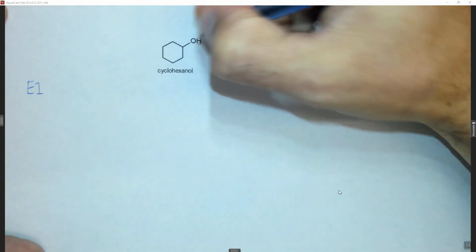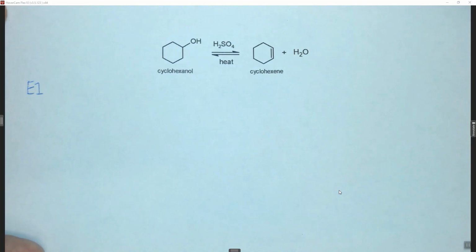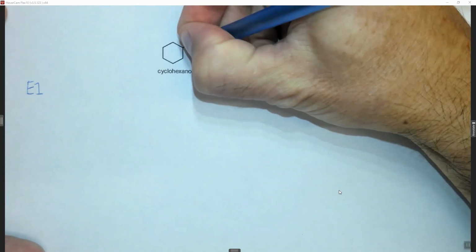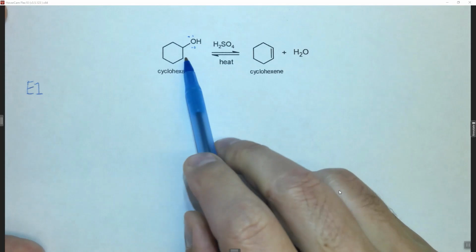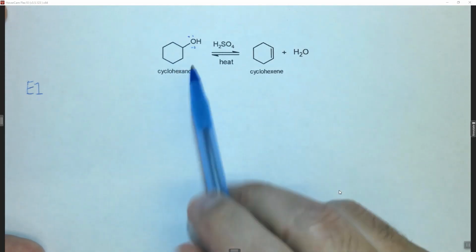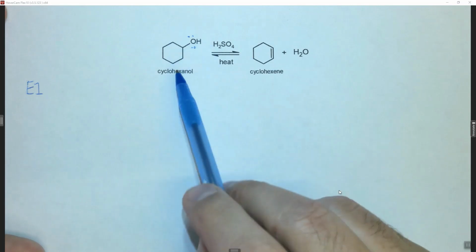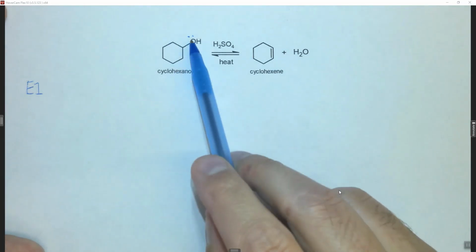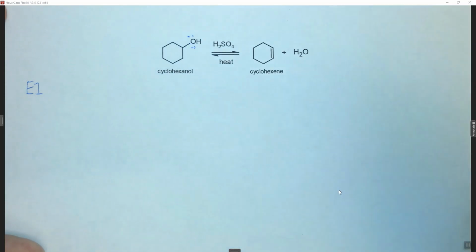In this case, what we have is a little different than an elimination of, for example, an alkyl halide, which you may have covered from the lecture course. But in this case, we have an alcohol. The OH is not a very good leaving group, but it does have 2 lone pairs on it. The reason the OH is not a very good leaving group is because it's a pretty strong base. So what we need to do is first protonate the alcohol in order to make the leaving group leave.